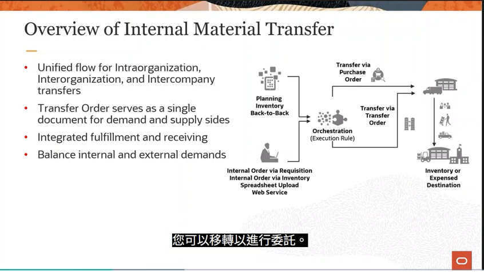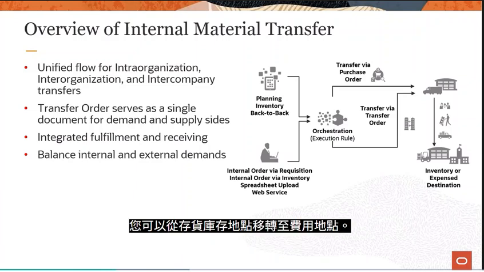Again, if you're using automated fulfillment, you can cancel partially filled jobs or transfer orders. You can also enable the substitute items during pick release of transfer orders. So if you have substitutes defined when you run the transfer order creation, if the substitute is allowed and defined, then you can have the fulfillment done with the substitute item.